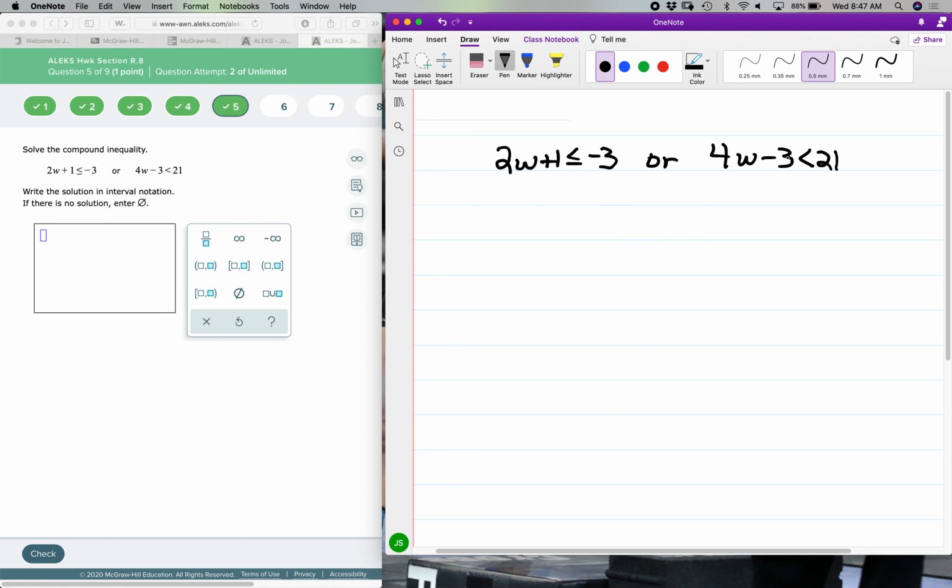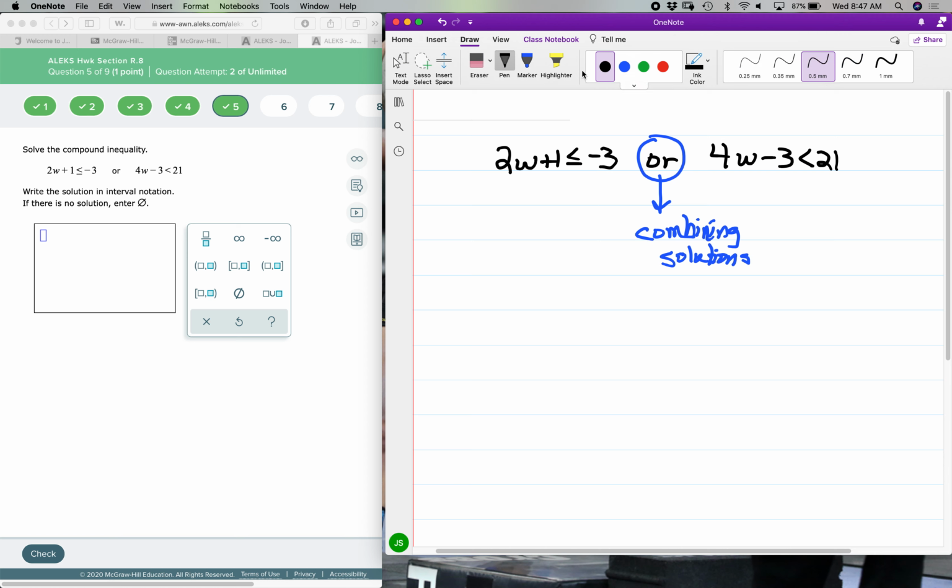Okay, for this portion, we have 2w plus 1 is less than or equal to negative 3, or 4w minus 3 is less than 21. With the term or, you're looking at combining the solutions into a set. In other words, you're combining the solutions from the inequalities.